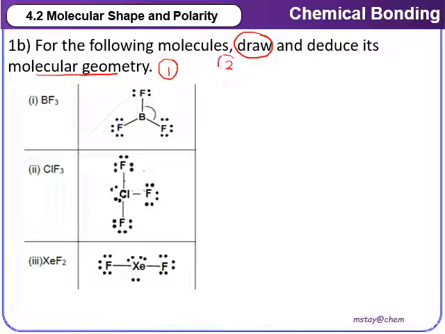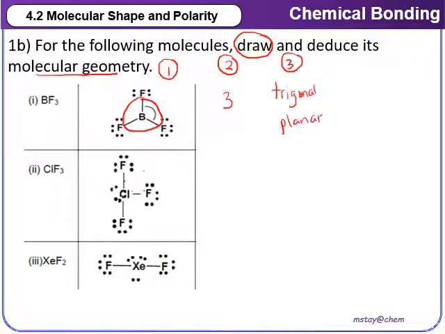Step number 2, if you still remember, we need to calculate the number of electron domains. So we focus on the boron central atom. There are 3 single bonds, which means there are 3 electron domains. So step number 3, the basic shape is trigonal planar.